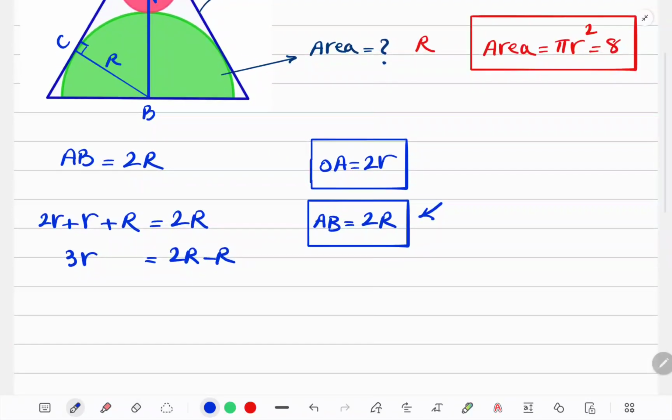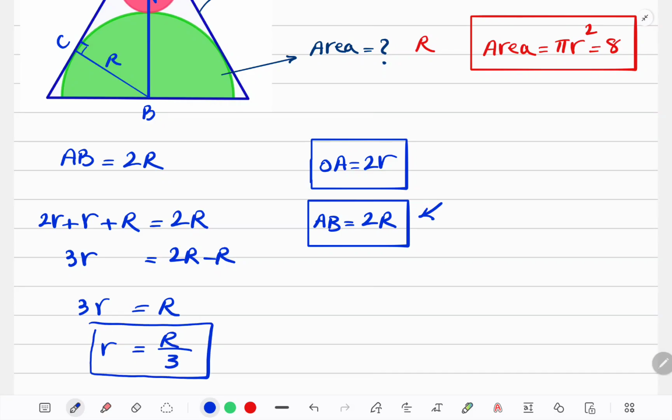So 3r is R. So instead of r, we have uppercase R over 3. Okay, so I'm going to use this for finding the area of this semicircle.